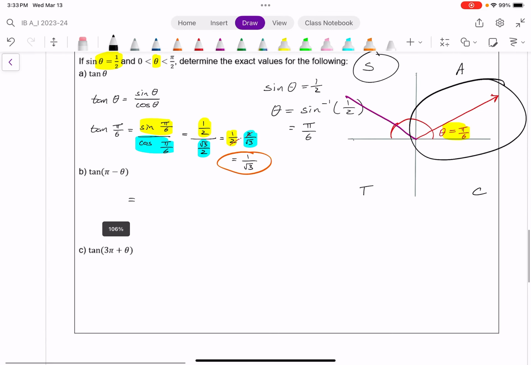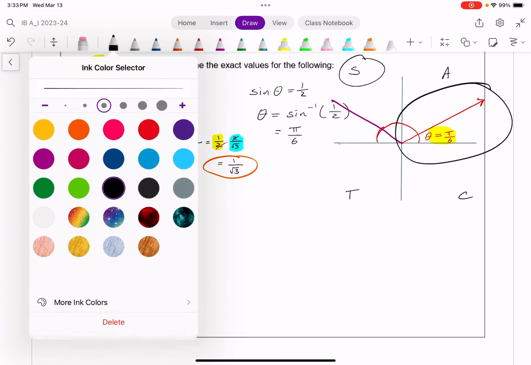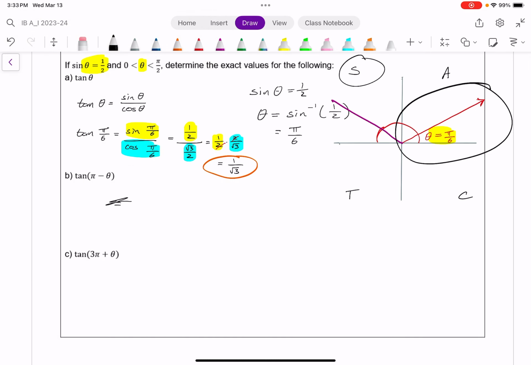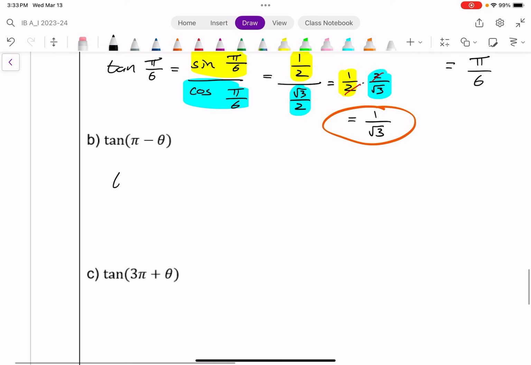So I can formalize it like this: the tangent of pi minus theta will be exactly the same as the tangent of theta, but with a negative. And the tangent of theta we saw is 1 over root 3, so this will equal negative 1 over root 3.